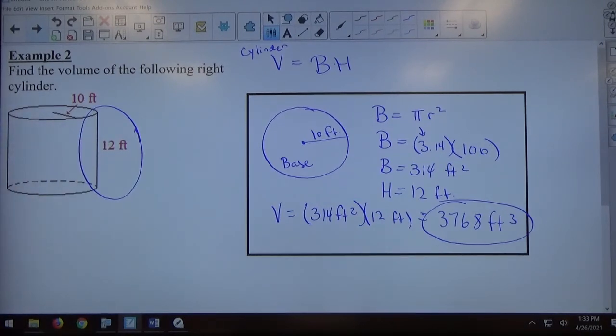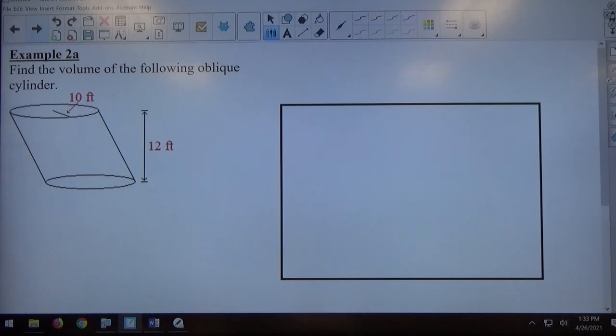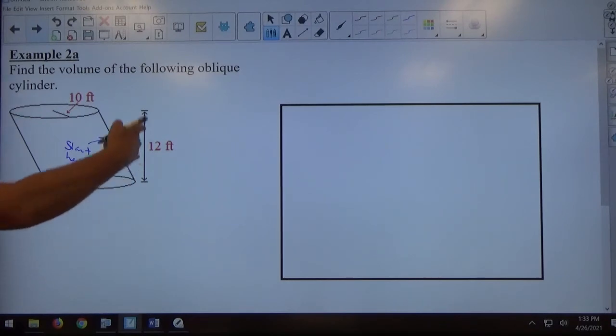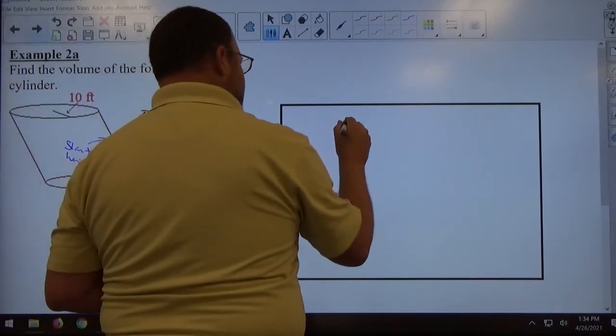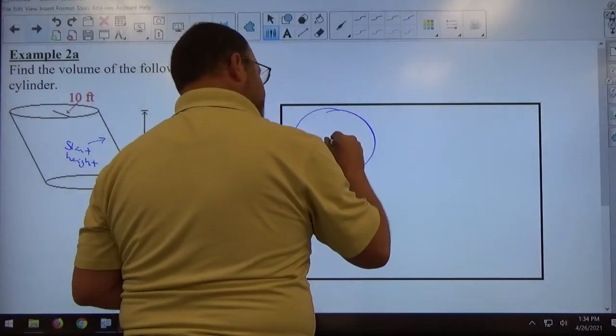Okay, so if I take this right prism and I slant it, make it oblique, slant it that way. Again, this is my slant height. If I'm dealing with volume, slant height doesn't matter. What matters is the perpendicular height and what type of shape the base is. So, the base is a circle, so I draw a circle with radius 10 feet.